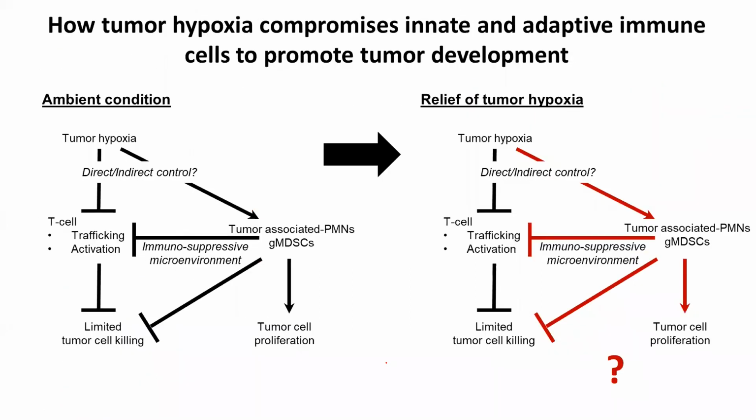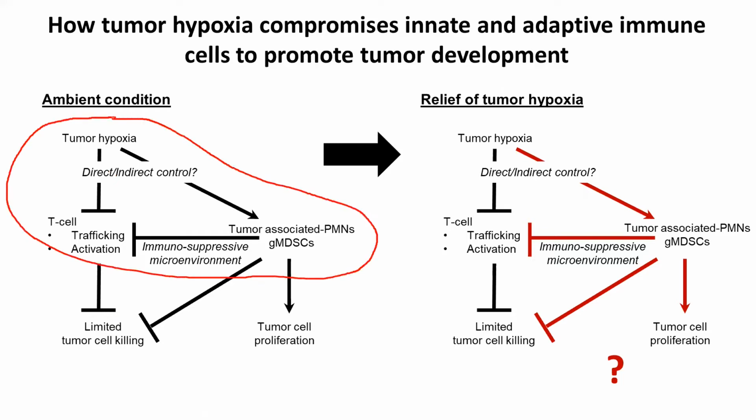Our goal in the lab is to understand how tumor hypoxia compromises innate and adaptive immune response cells to promote tumor cell development. This is a complex signaling involving a triangular relationship between tumor hypoxia, T-cell response, as well as the tumor-associated PMNs, neutrophils, MDSCs.